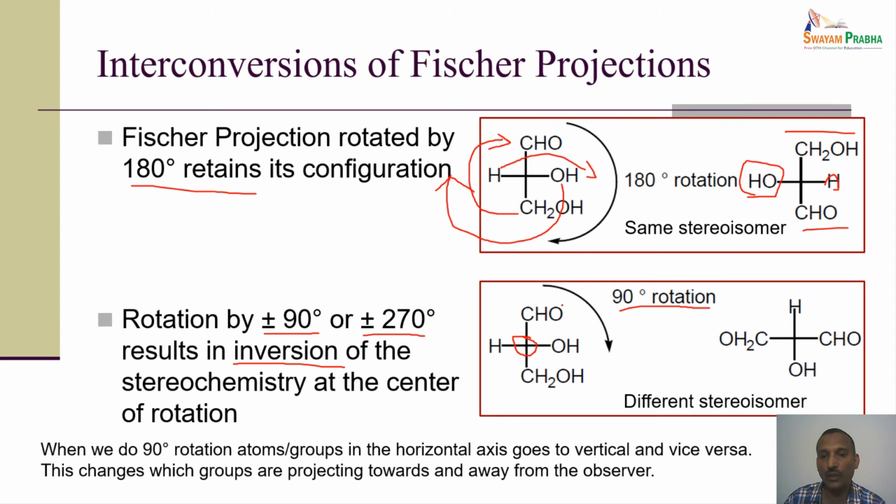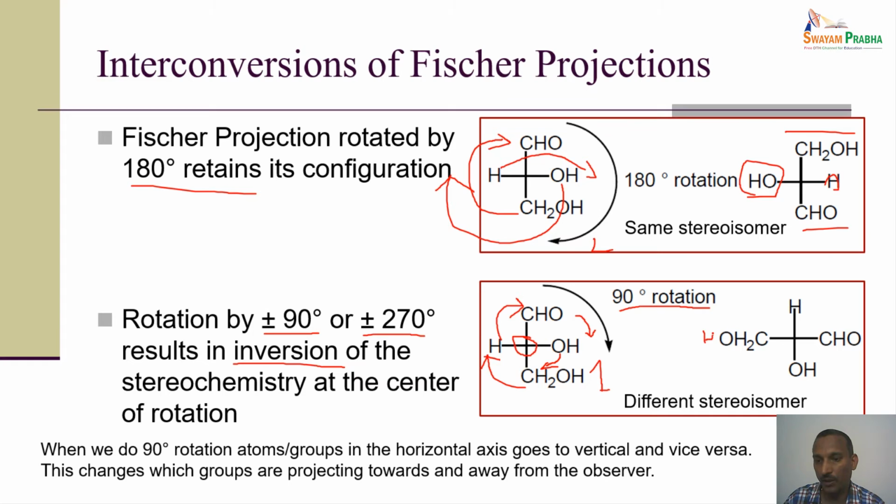We are simply moving the CH2OH to here. Every group will move one place, whereas in the previous case every group moved two places. So the OH will come here and the CH2OH will come here and the hydrogen will go up. So hydrogen at the top, CHO at the right, OH at the bottom, CH2OH at the left hand side.